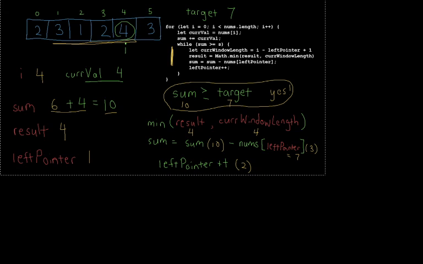And then you check to see what the result's going to be, right? So you see currently the sum is 10. And then what is the value being pointed to at the left pointer? Well, the left pointer is at 1, right? So you're going to subtract the value 3. So 10 minus 3, you're going to get 7. All right?